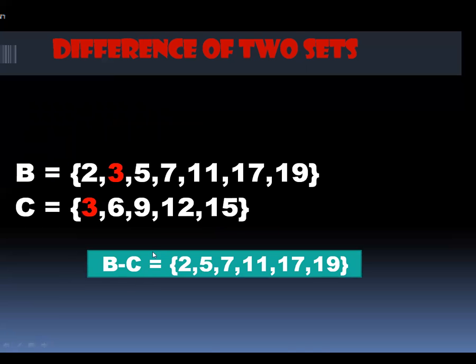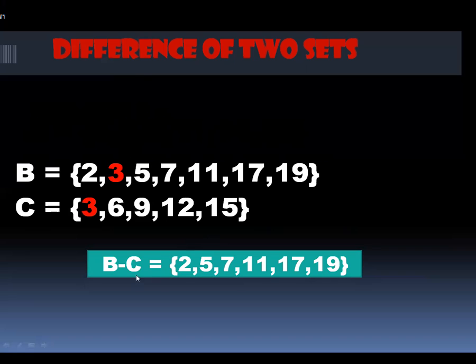B minus C is equal to 2, 5, 7, 11, 17, and 19. We already removed element 3 because set C has this element 3.